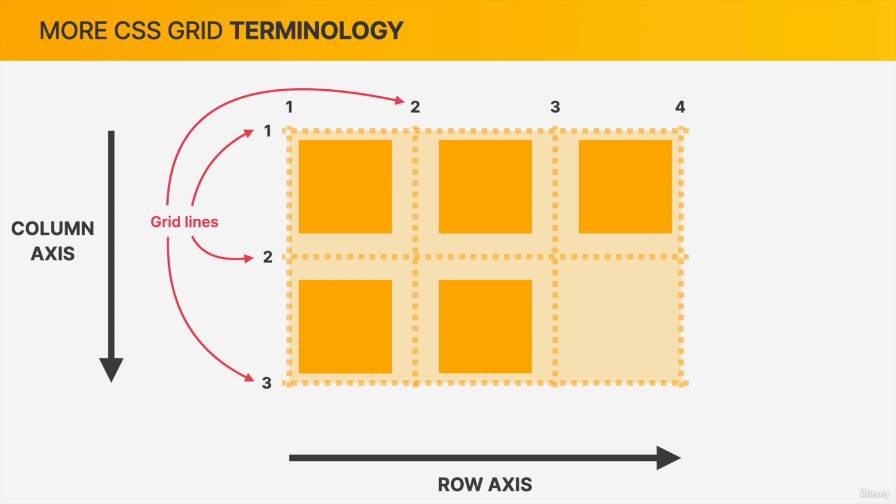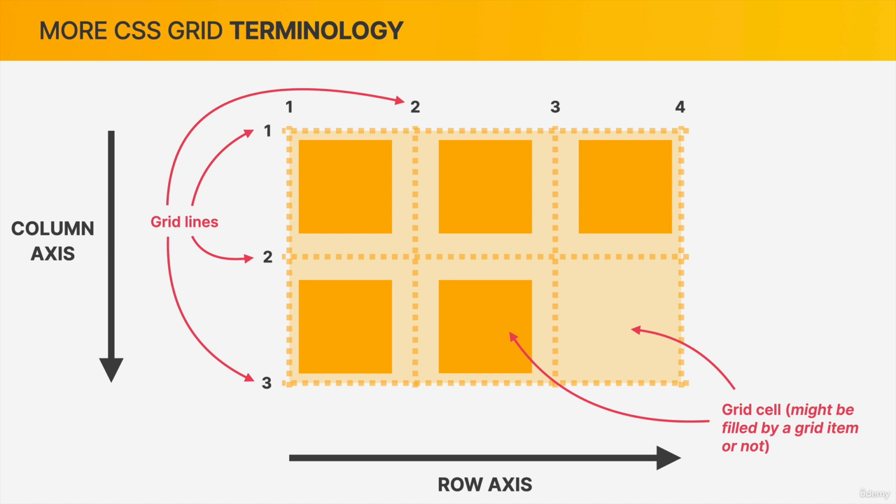And these areas are called the grid cells. Okay, so grid cells are always created, but they don't always need to be filled. So in this case, we only have 5 grid items, but there's still 6 cells, simply because this is a grid with 3 columns and 2 rows. And so 3 times 2 makes 6.